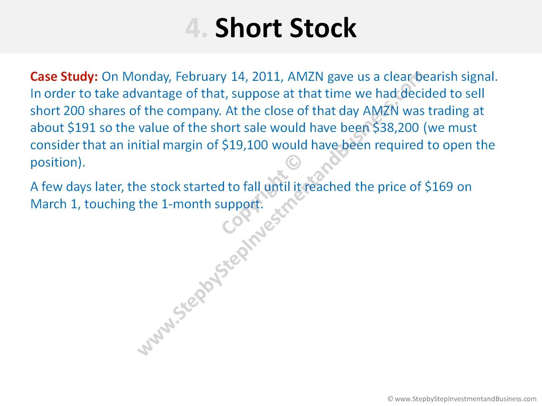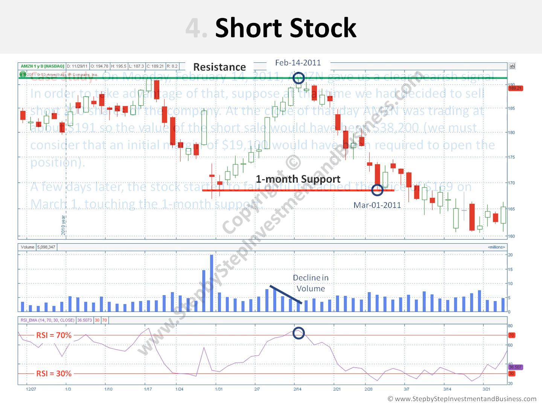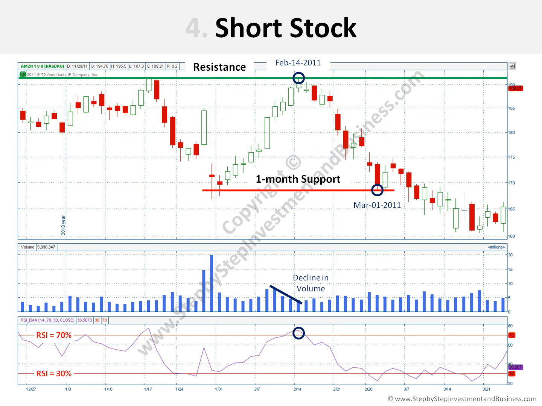A few days later, the stock started to fall until it reached the price of $169 on March 1st, touching the 1-month support. That can be seen here. We sold the shares on February 14, the day we got the bearish signal.